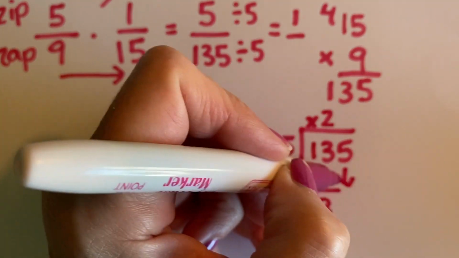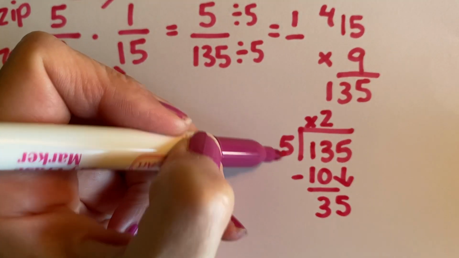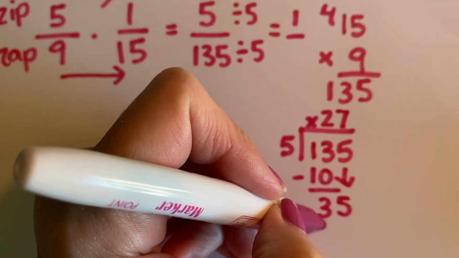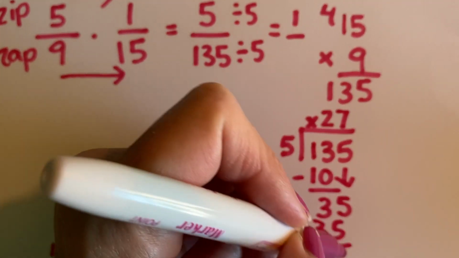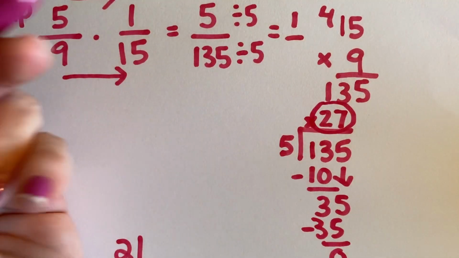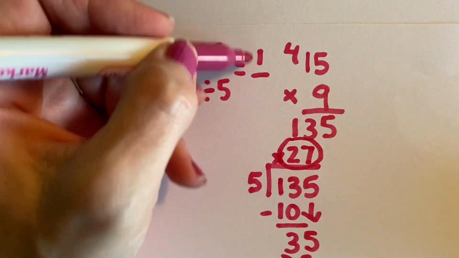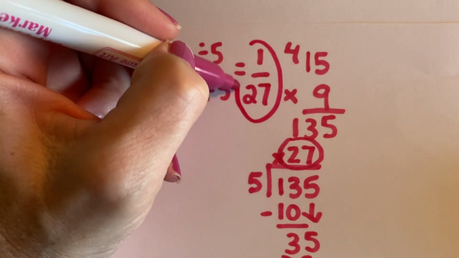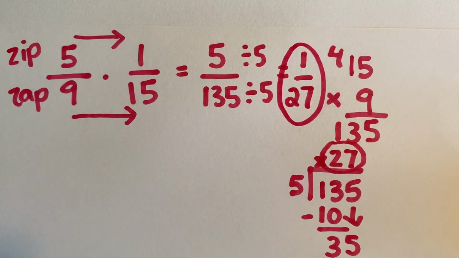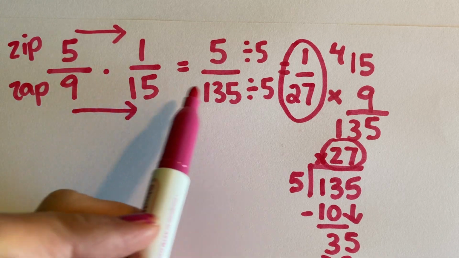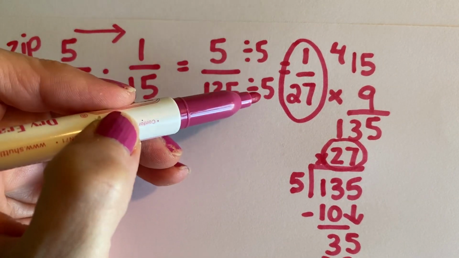I'll float down the 5. 5 squeezes into 35 7 times. 7 times 5 is 35, and that gives me a remainder of 0. So we'll go with an answer of 27. So the final answer here, 1/27. Final answer.